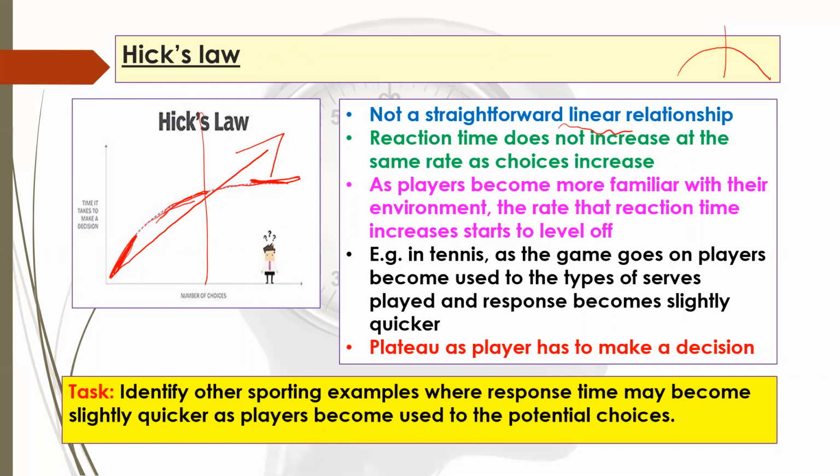However, it starts to plateau because, one, players become more familiar with the environment, and the experience of it starts to influence the success that they might be having. They can start to anticipate and read what might be coming. But also there might be a plateau because the player ultimately just has to make a decision, because time isn't just going to allow them to go on and on thinking about it.